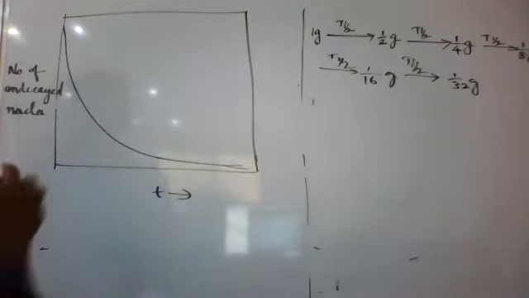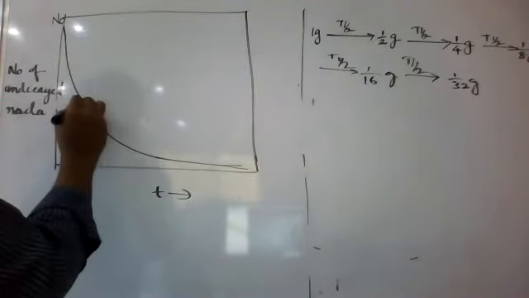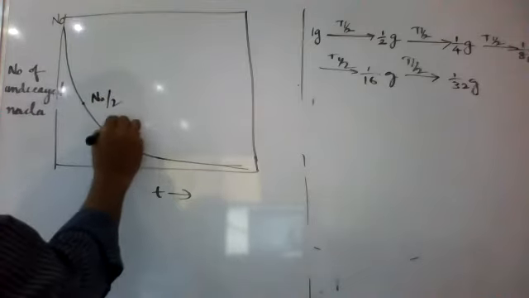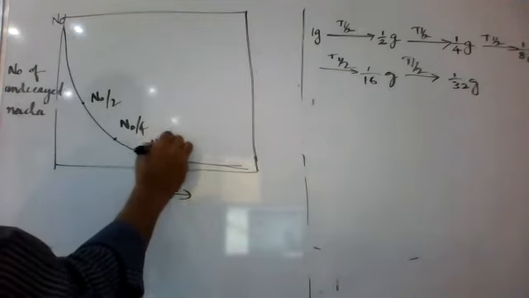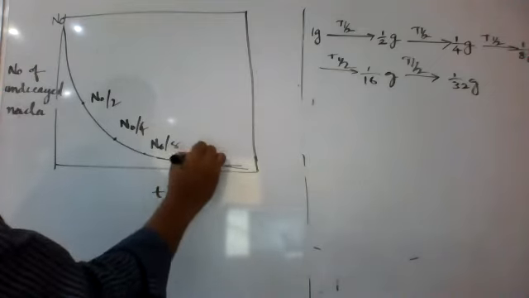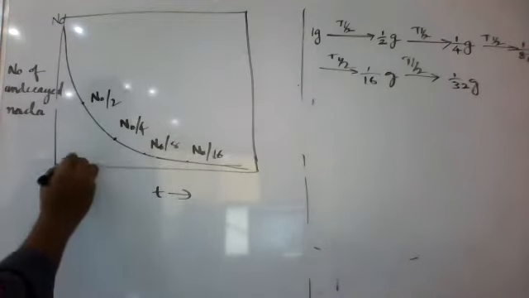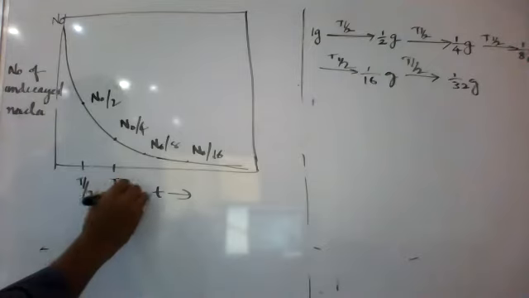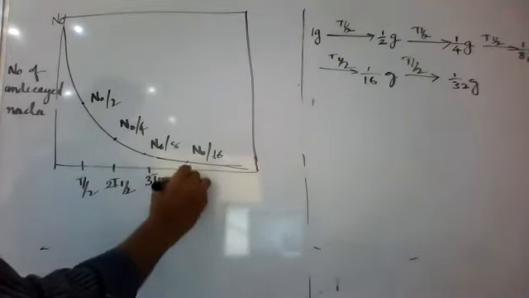Now, it started from N0. How much time is it taking? See here, maybe here it is N0 by 2, here it is N0 by 4, here it is N0 by 8, and N0 by 16. See what we are doing here. Suppose it is one T half, two T halves, three T halves, four T halves.